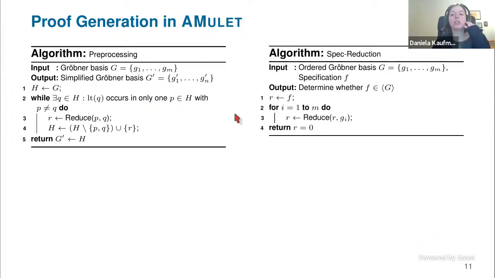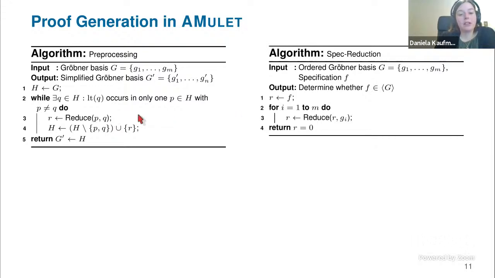And in the spec reduction, we have our ordered Gröbner basis and our specification, and now we want to determine whether the specification is contained in the ideal generated by the Gröbner basis. Initially, we set our remainder to the specification, and then we always do these reduction steps until we have traversed once through the complete Gröbner basis and check whether the result is 0. So also here we always do the same reduction steps as in the pre-processing.